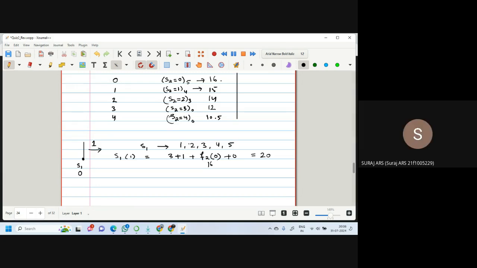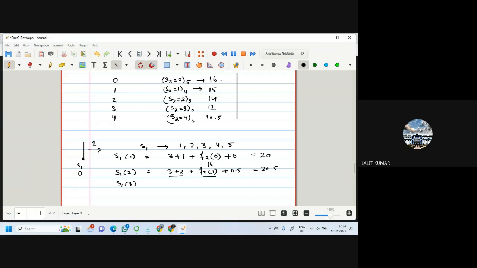If he orders 2, what will happen? He will 3 plus 2 and he will reach F2 of 1, carry forward 1 and 0.5. So 5 plus 15, this will become 20.5.